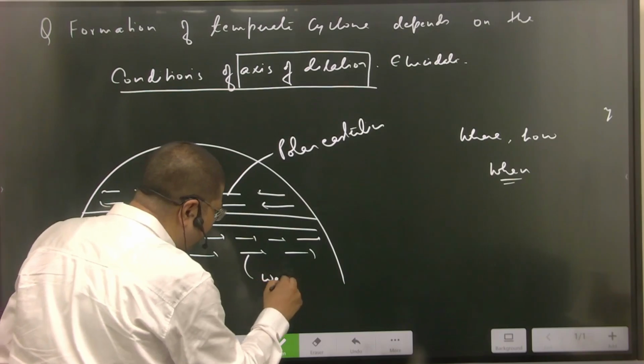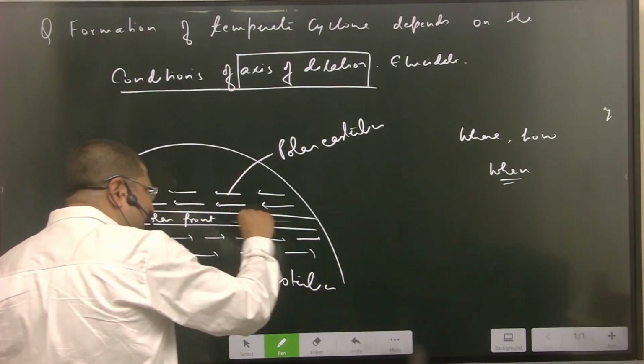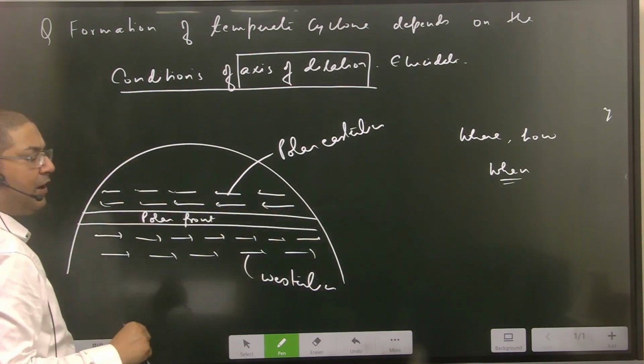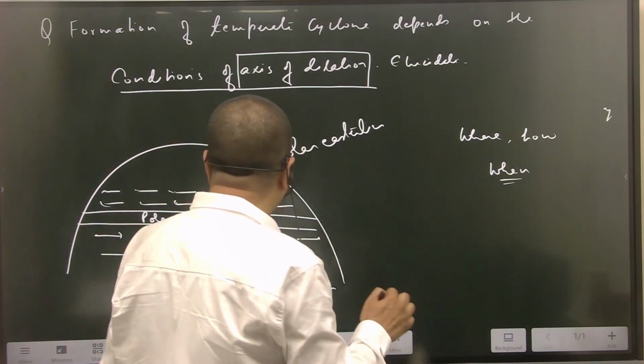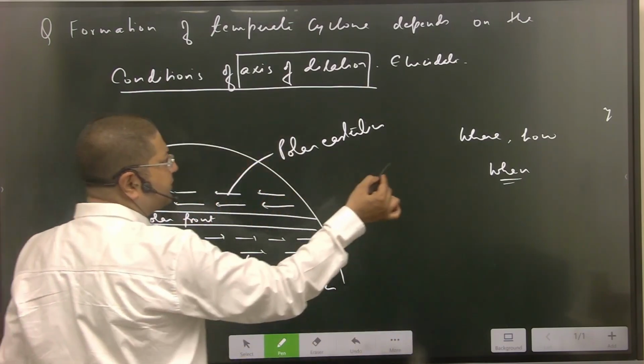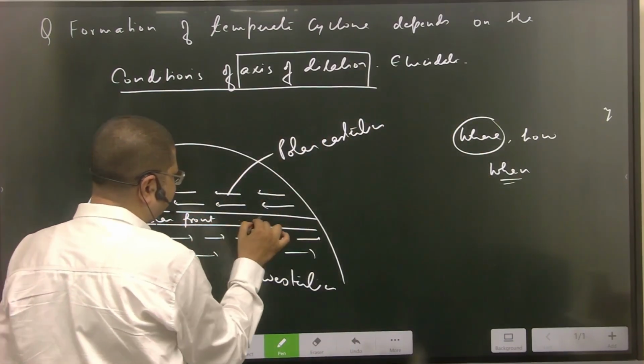The zone that separates them is known as polar front. Temperate cyclone always gets formed on this polar front.